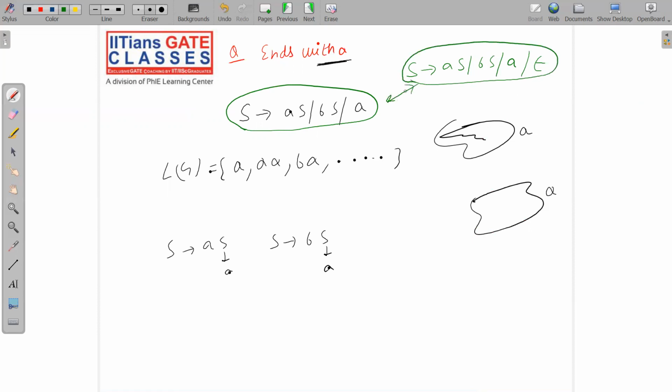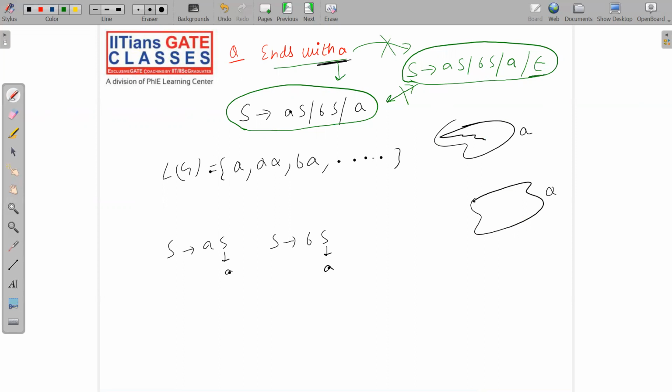No, these two are not equivalent, because this grammar can generate the null string, but the null string is absent here. Why is the null string not generated? Because it is not ending with A. For strings ending with A, I have written this grammar, but this grammar is not perfect. Why is this grammar not perfect?